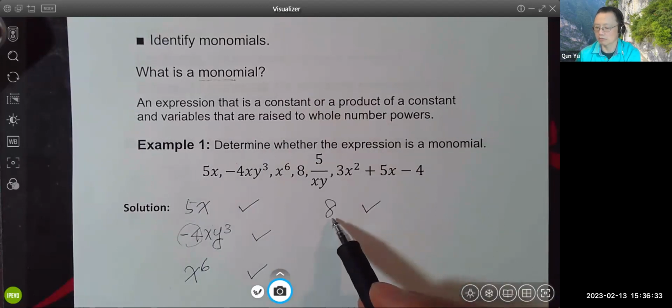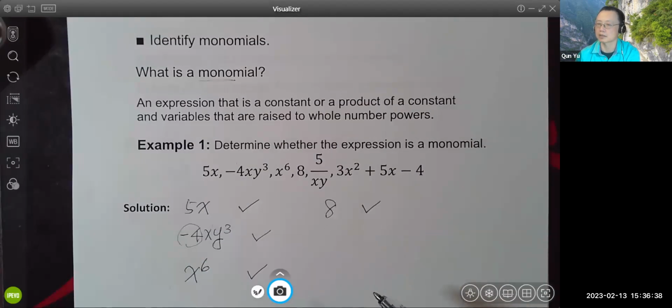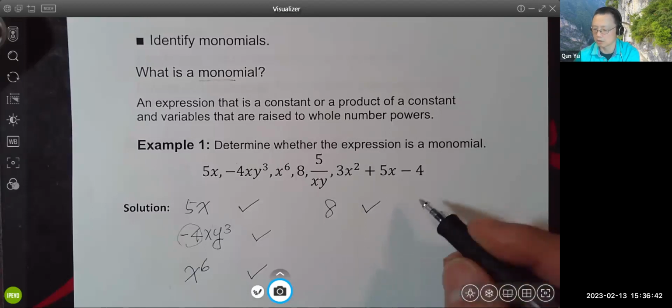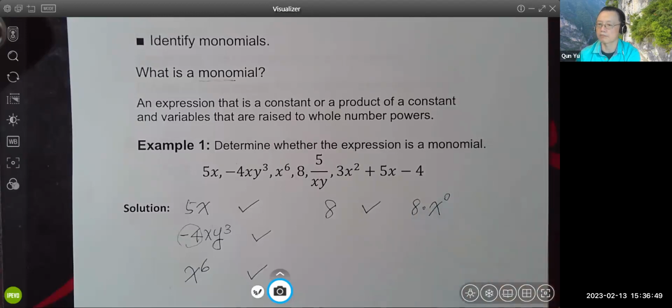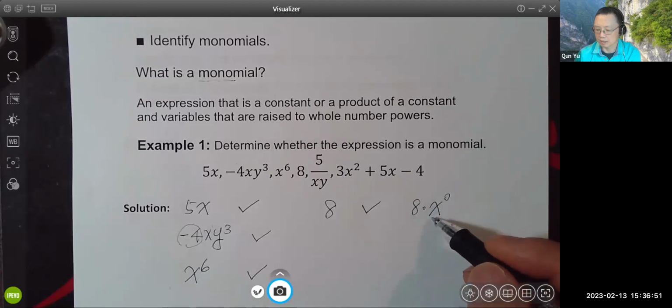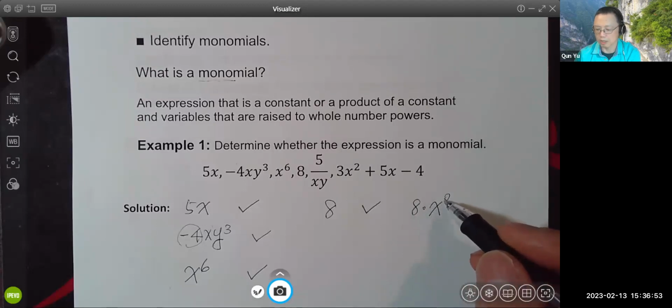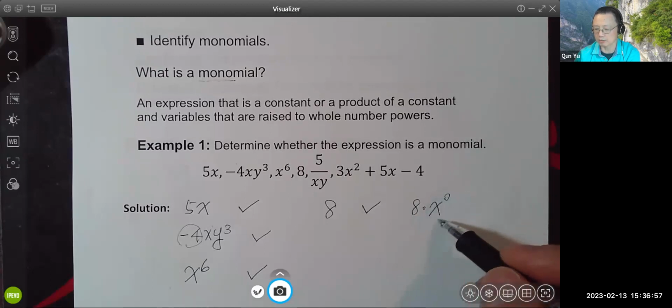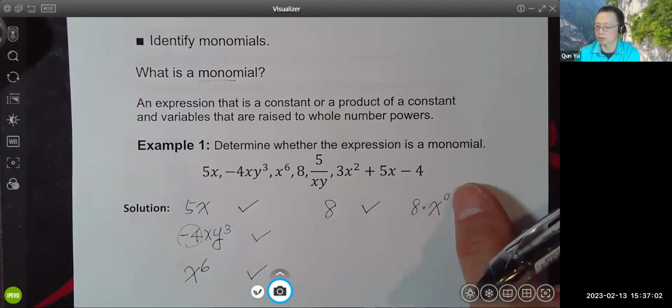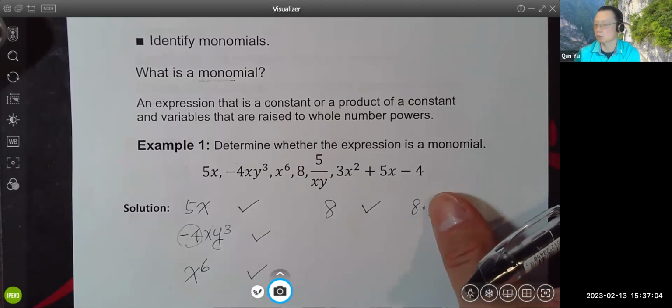But also, this can be written as a product of a constant number and a variable raised to a whole number power. If we use x to represent the variable, the power is 0. Any number other than 0, when raised to a power of 0, will be equal to 1. So this is equal to 1 actually. 1 times 8 is still 8. That's why we don't write it if we have 0 power, because it is equivalent to 1.